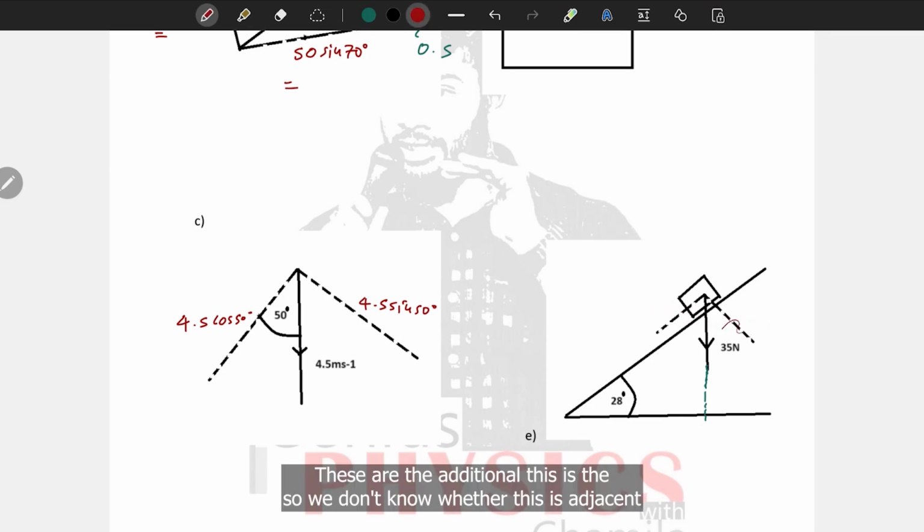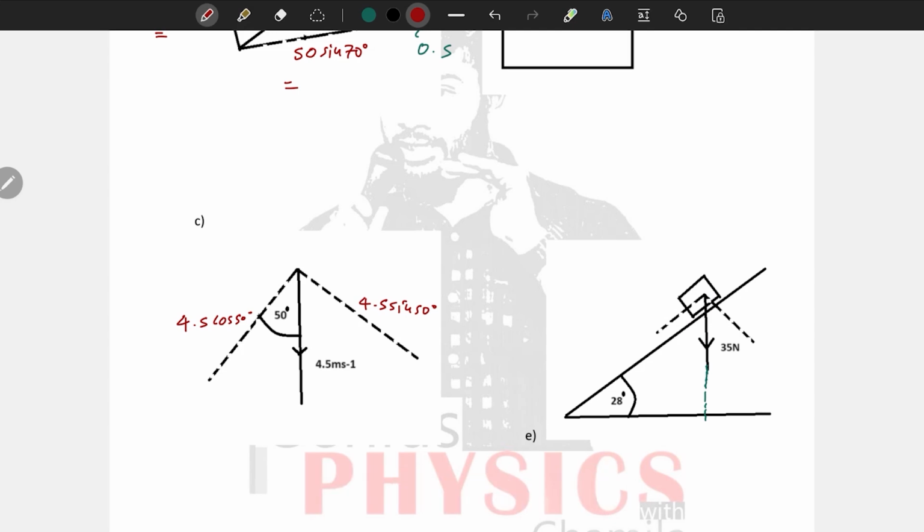This is the adjacent and this is the, so we don't know whether this is adjacent or opposite with respect to the given values or not. So let's try to figure it out. Now this is 90 degrees, and you can draw a line parallel to this line.